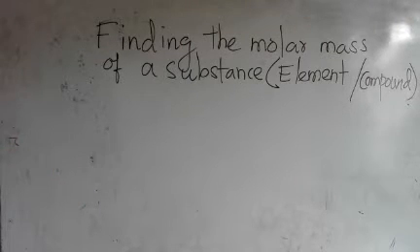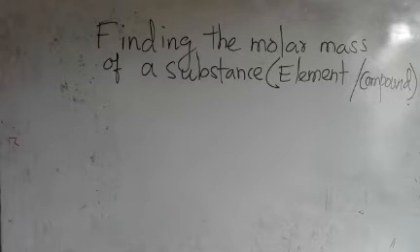But for a covalent compound, we have to find the relative molecular mass, and in the last lesson we learned how. If it's an ionic compound, we call it relative formula mass, and we know how to find it if the chemical formula is known.